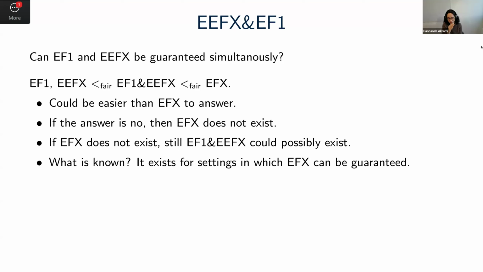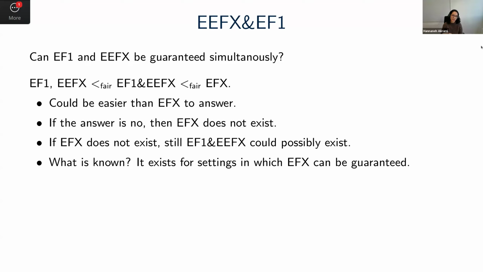Everything else, like the first 3 bullet points, is basically implied by the first line that we have here. I just want to emphasize what implications we get for the EFX problem. Note that if the answer is no for this question, if there exist instances in which no allocation is EF1 and epistemic EFX at the same time, then immediately we get a no answer for EFX, because if there was an EFX allocation, we would get these two.